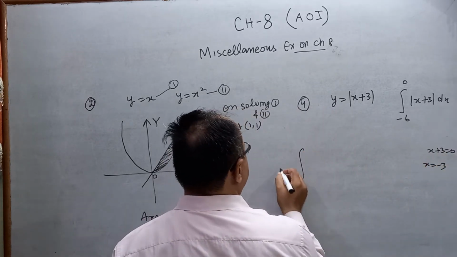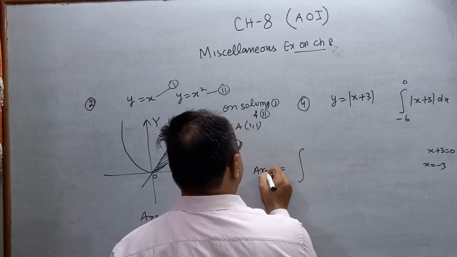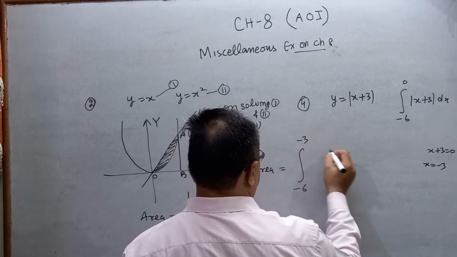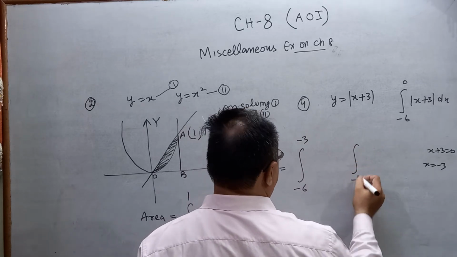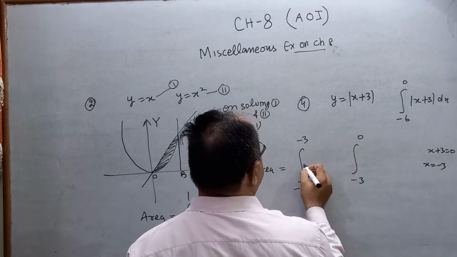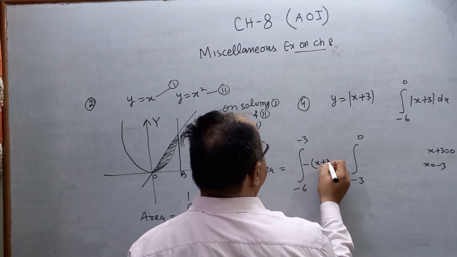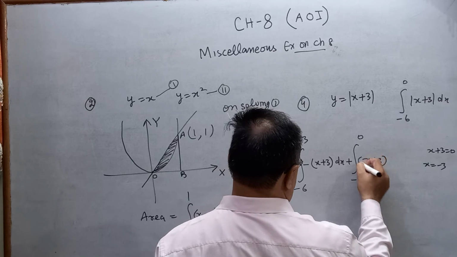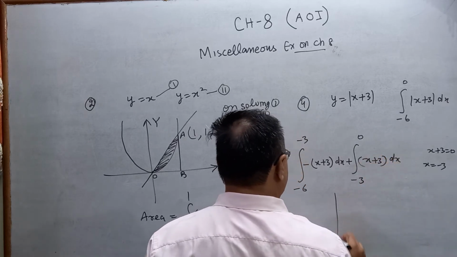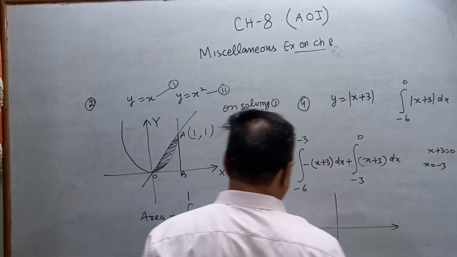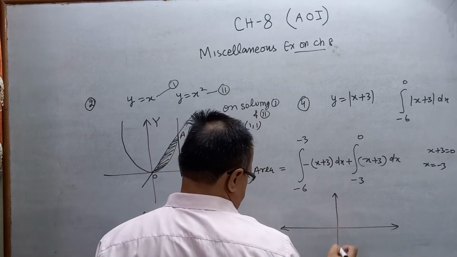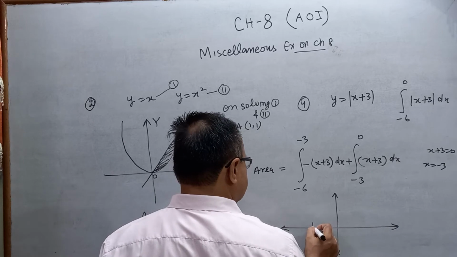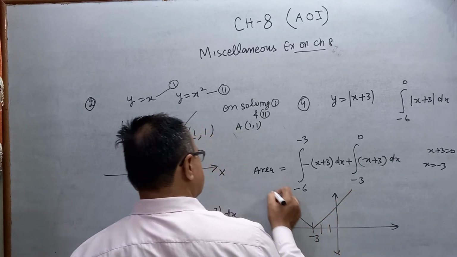Therefore, you can say the area is from minus 6 to minus 3 and minus 3 to 0. On the left side, you know that it is the negative of that function, and on the right side, the positive of the function. In the graph of this line, minus 3 is the turning point.